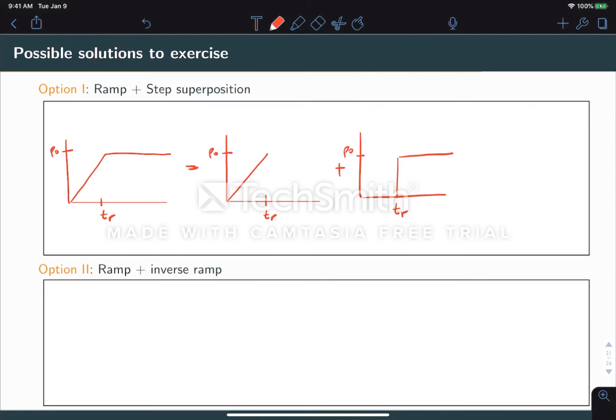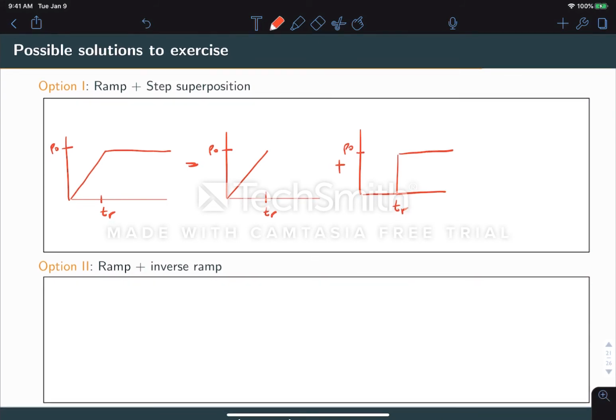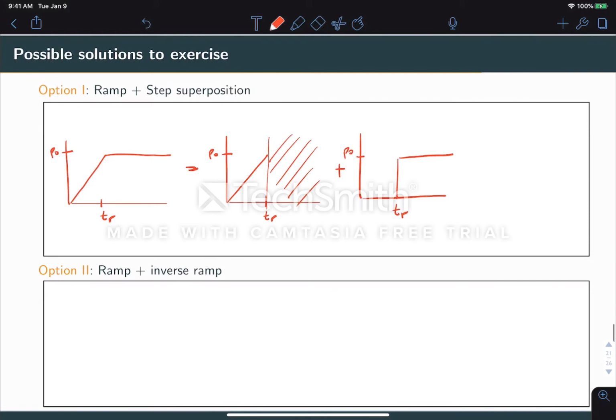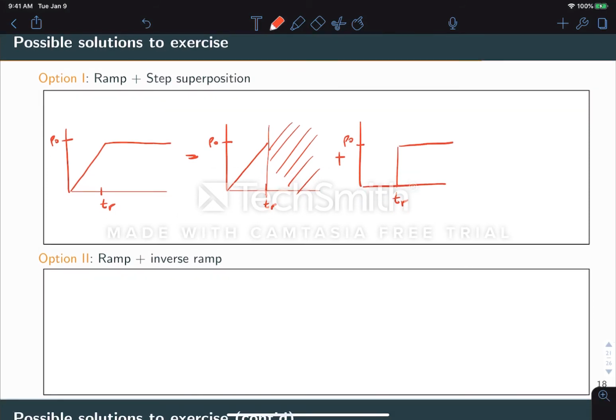So the idea would be we would solve for that first function. We would forget about anything that happens on this side, right? And then we would switch over to the solution for the second one. So essentially, we wouldn't care anything on this side. We would just simply switch from one solution to another.